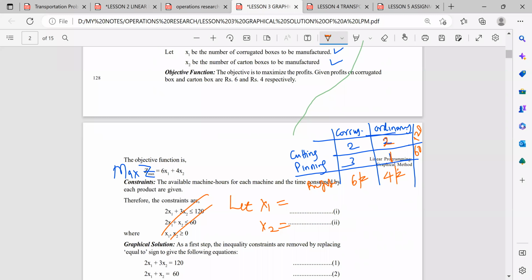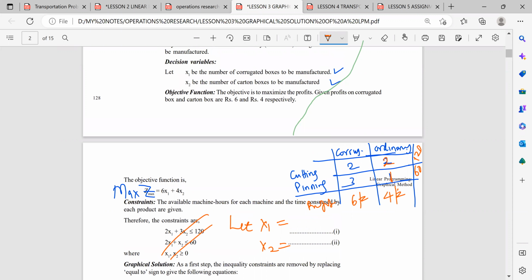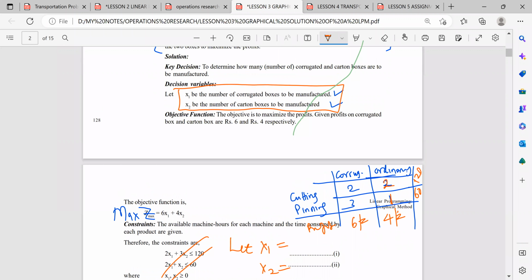We are manufacturing two products here. What we don't know is how much of each product to produce so as to maximize profit under some constraints. So x1 is the number of corrugated boxes, and x2 is the number of carton boxes, the other product.